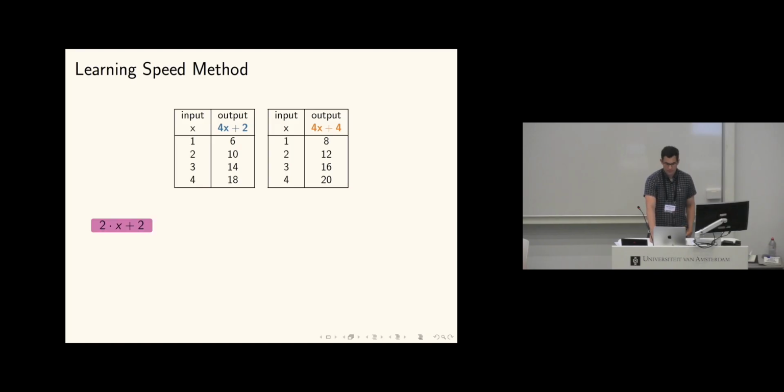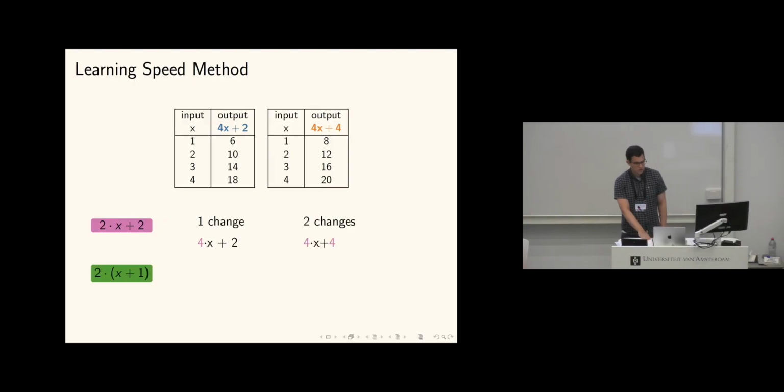Returning to our toy example, if a network implements 2x plus 2, in order to learn this first mapping, it only has to make one change. It only has to change its coefficient. In order to learn this second mapping, it has to make two changes. It has to change both its coefficient and its constant. In contrast, if it was implementing 2 times x plus 1, it only has to make two changes to learn this first mapping, and it has to make only one change to learn this second mapping.